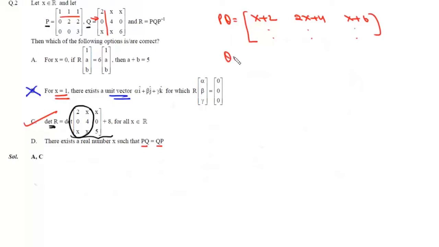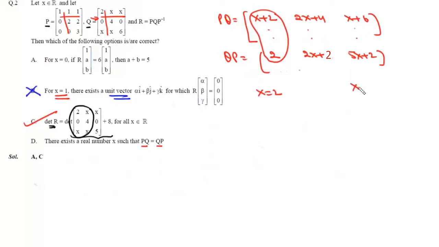And if we write QP, it will be 2, 2x plus 4 and 5x plus 2. Now if we equate them, from here we'll get x equals 2, and from here 4x equals 4, we'll get x equals 1, which means there is no simultaneous solution to this equation. So basically this option D is incorrect.